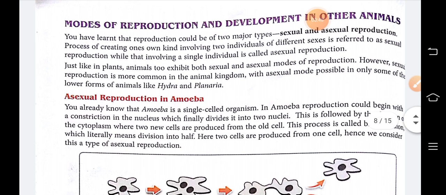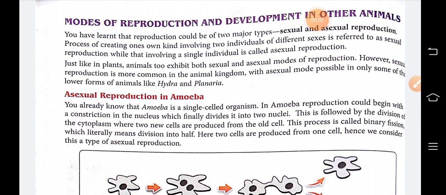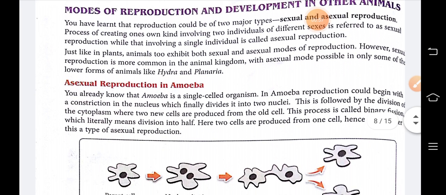Just like plants, animals too exhibit both sexual and asexual modes of reproduction. However, sexual reproduction is more common in the animal kingdom, with asexual mode possible in only some of the lower forms of animals like Hydra and Planaria.